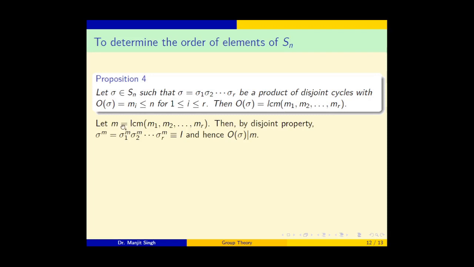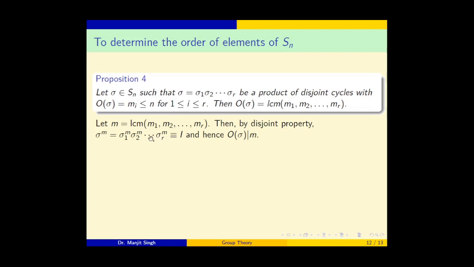Now let m be the LCM of m1, m2, ..., mr, where m1 is the order of cycle sigma 1, m2 is the order of sigma 2, and mr is the order of sigma r. Then if you compute sigma m, due to the disjoint property we can express it in this way. It is important to note that if the cycles are not disjoint, we cannot write it in this way. Sigma m can be written as sigma 1 to the power m, sigma 2 to the power m, ..., sigma r to the power m.